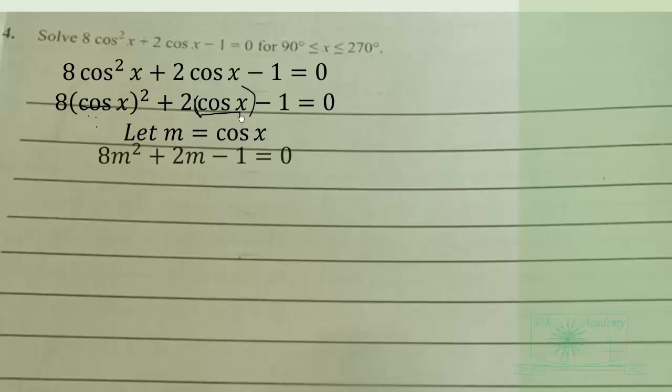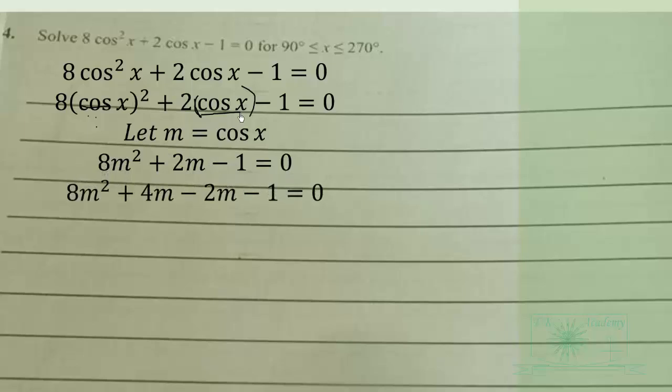So this will give us 8m squared plus 2m minus 1 is equal to 0. So this is a quadratic equation in m, and we can factorize this by splitting the middle term.